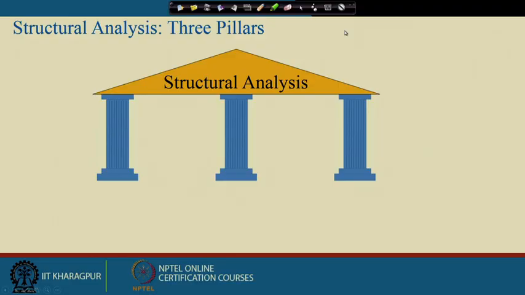Now, what we have discussed is static equilibrium, and for many structures, static equilibrium alone is not sufficient to solve the entire structure, and those structures are called indeterminate structures.